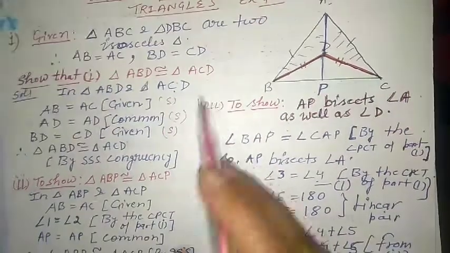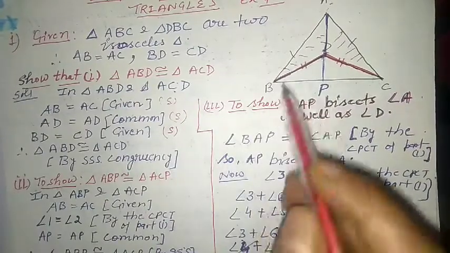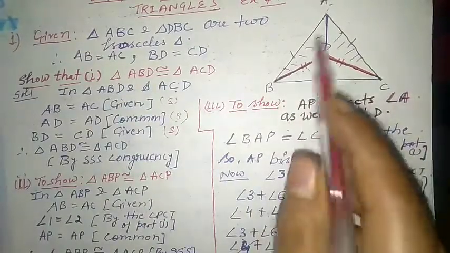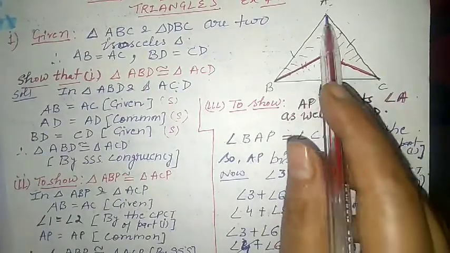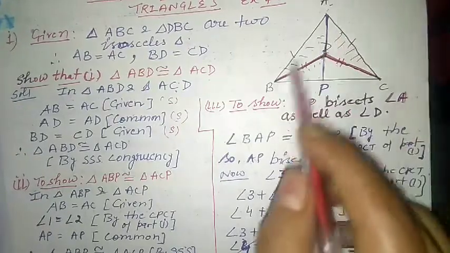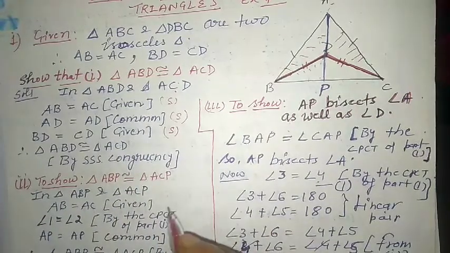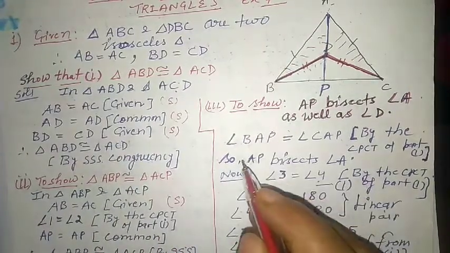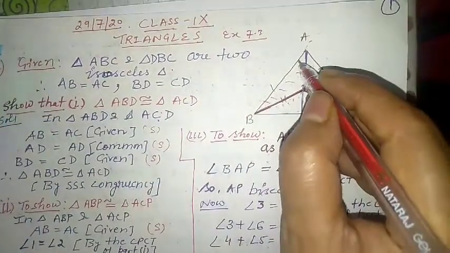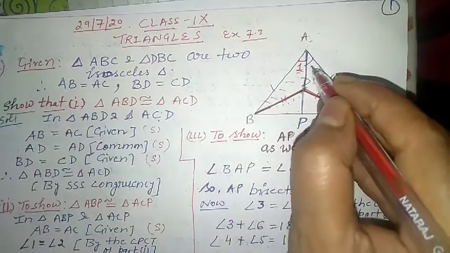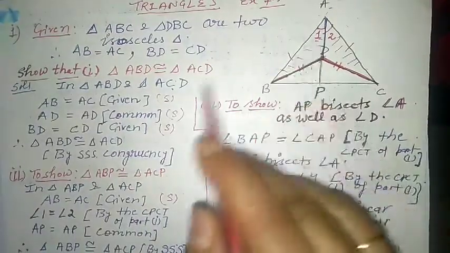Now in the second part, we have to show that triangle ABP and triangle ACP are congruent. This time we have to include this part also, so we will take these two triangles. AB is equal to AC, that is given, a side. Here we can write, because of the first part, if we take this angle as 1 and this angle as 2, angle 1 is equal to angle 2 by the CPCT of part first.